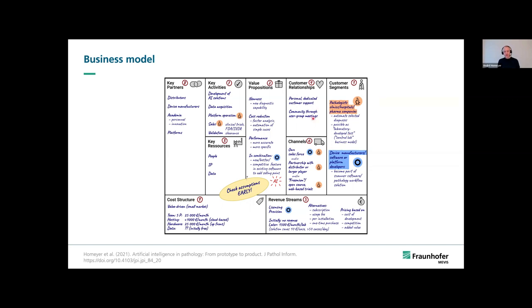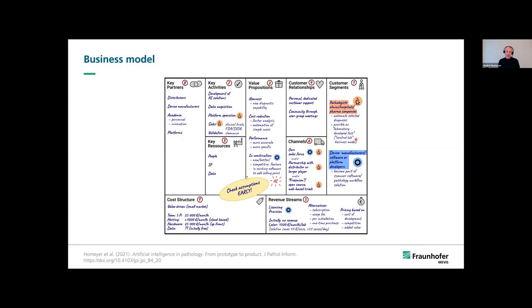The right side of the business model canvas focuses on customer-related aspects, such as customer relationships, customer segments, sales channels, and revenue streams. And the left side of the canvas focuses on business-related aspects, key partners, key activities, key resources, and their cost structure.